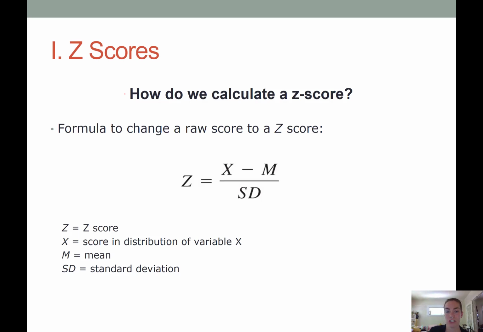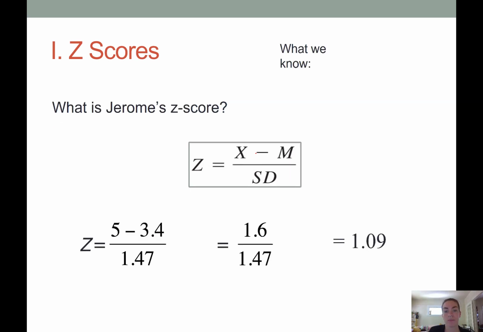Recall that terminology. A deviation score is an individual's score, x, after you subtract out the mean. In other words, the deviation score represents how far your own score is from the mean score of the sample. So that's here, x minus M. And then in the denominator of the z-score formula, we divide by the standard deviation of the scores.